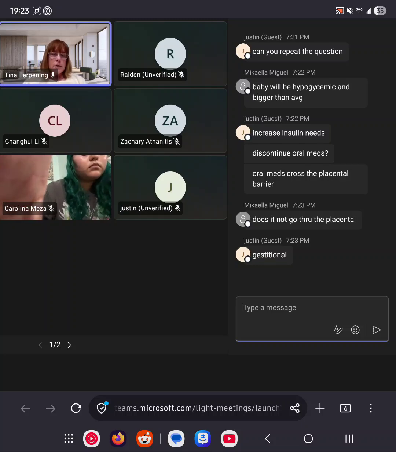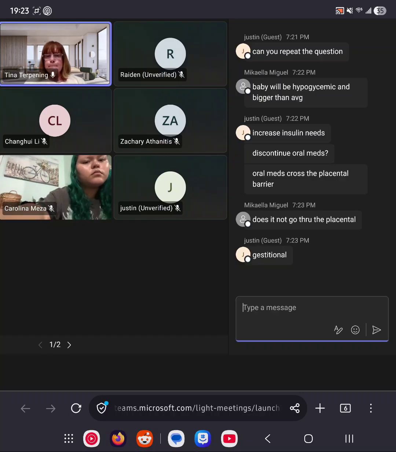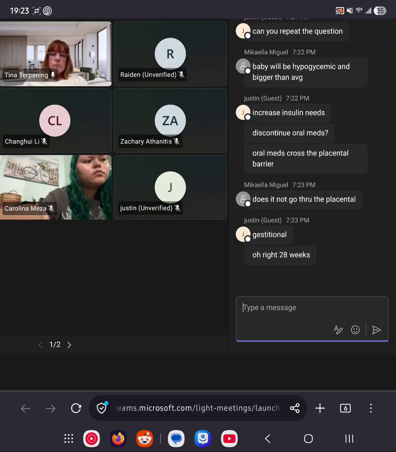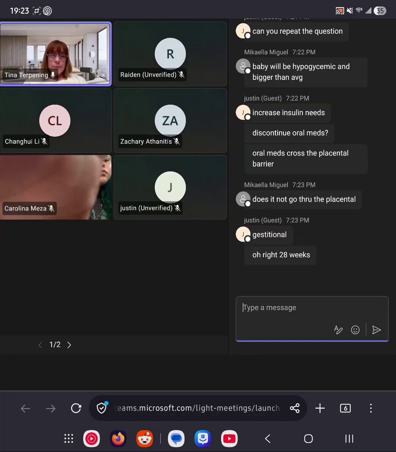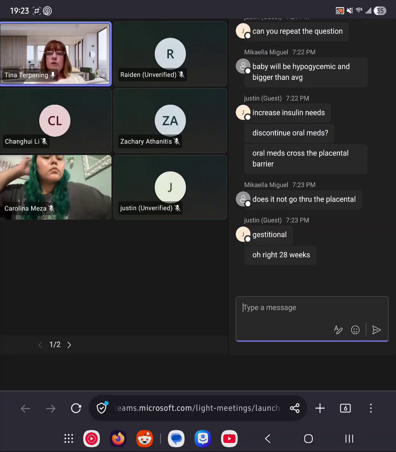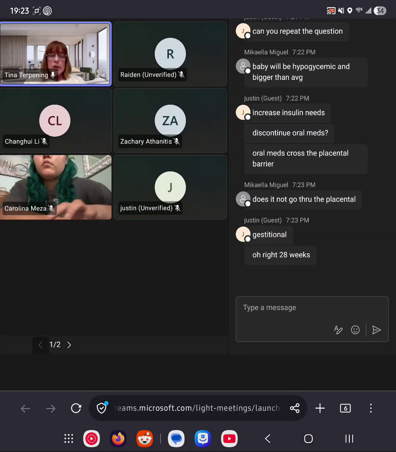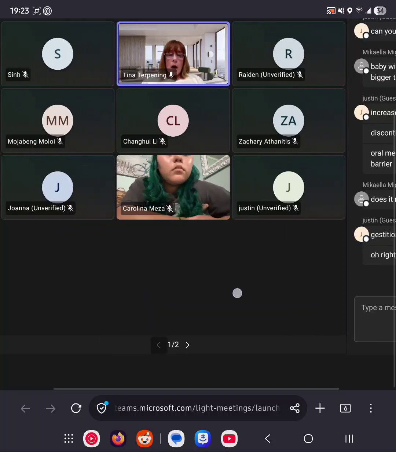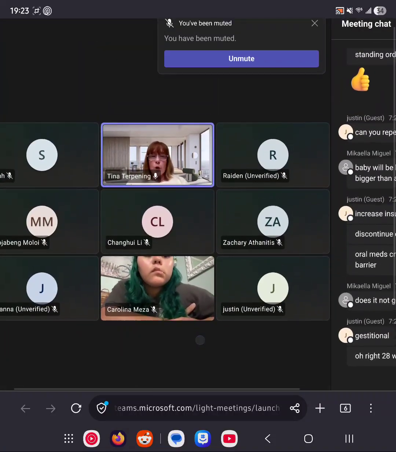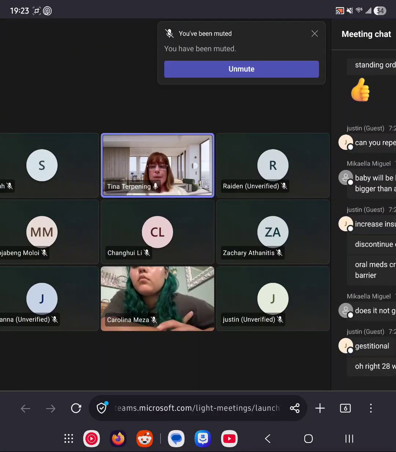What's the dividing line for gestational hypertension or gestational diabetes? 20 weeks. So if she gets diabetes prior to 20 weeks, then it's going to be type 2 diabetes. If she gets diabetes after 20 weeks, then she has gestational diabetes. So 20 weeks is always a big deal.